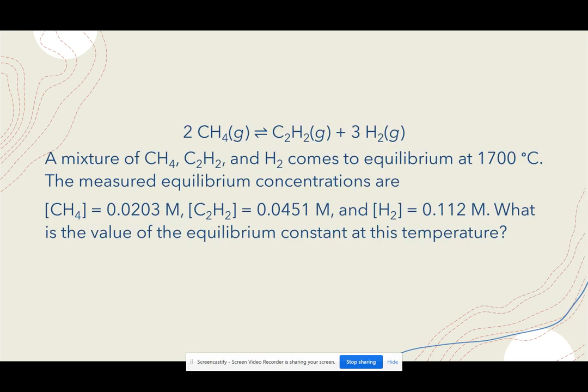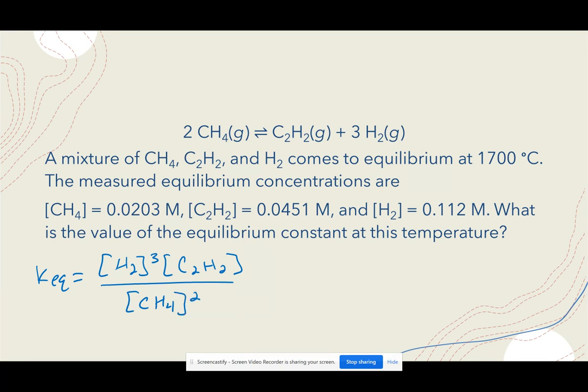So I have another example here where I'm going to write this equilibrium expression. They're all gaseous, so I'm going to include them all. So KEQ is hydrogen cubed times C2H2 over CH4 squared. I'm going to plug those numbers in.